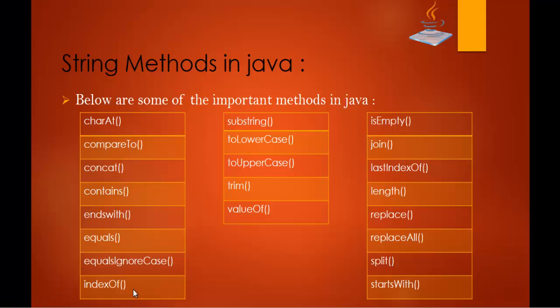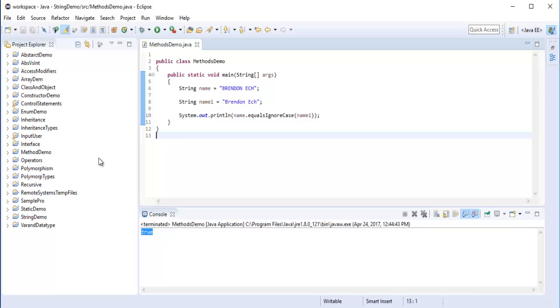Then if I need to get the index of a particular character or some string, I need to make use of indexOf. So let me show you how to work with the indexOf method. It's very simple. Let me remove this, and now let me remove this also.